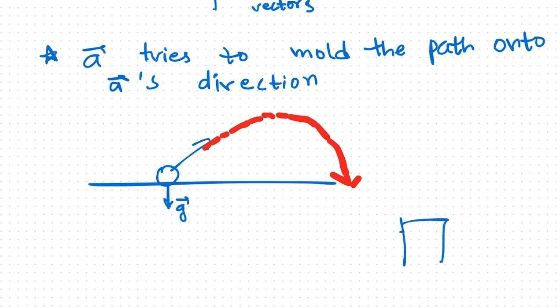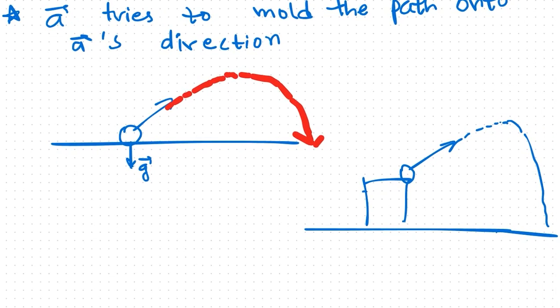Even if you, let's say, throw a ball from the top of a building, it will go up, it will reduce its speed, and then eventually it falls down like this. Why is it falling down? It is trying to reach the direction of acceleration.